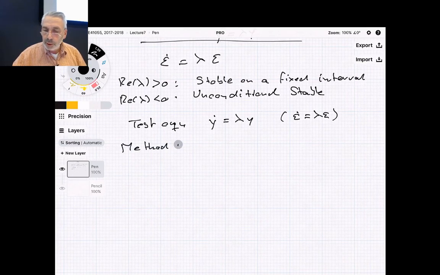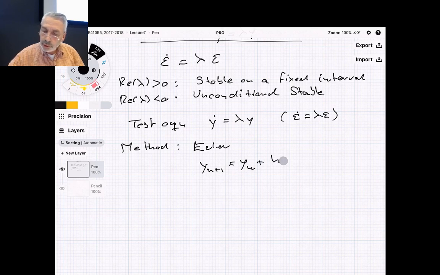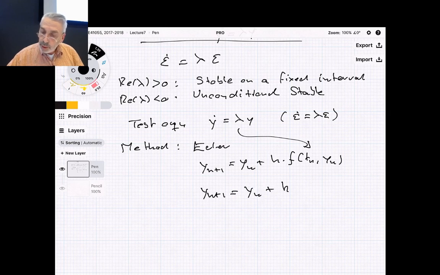And our method in this case, for instance, say we take Euler. Then the method just says y n plus 1 equals y n plus h times this derivative at t n, y n. Now we fill in our test equation here. So we get y n plus 1 equals y n plus h lambda times y n.